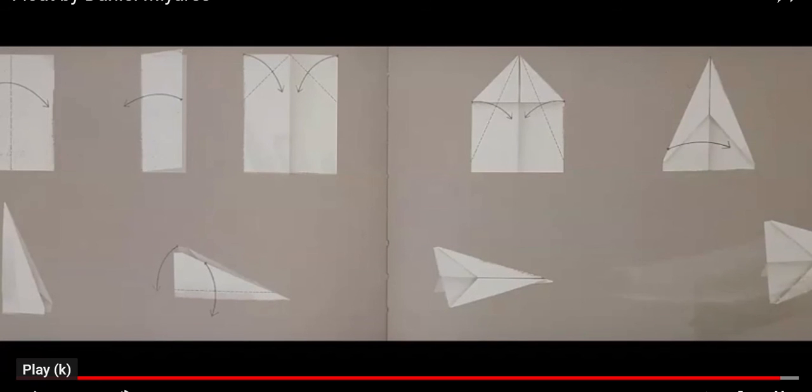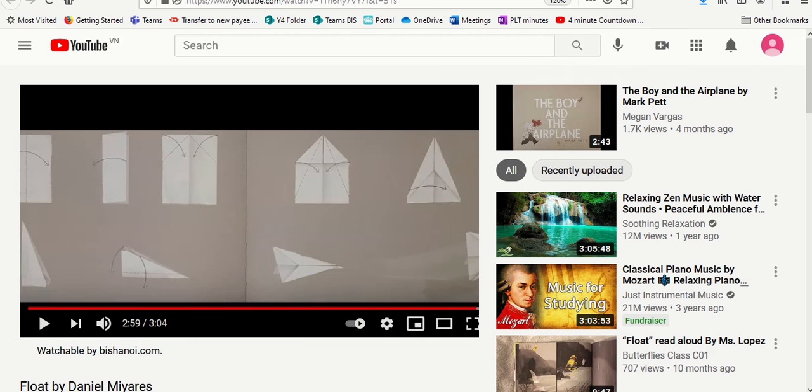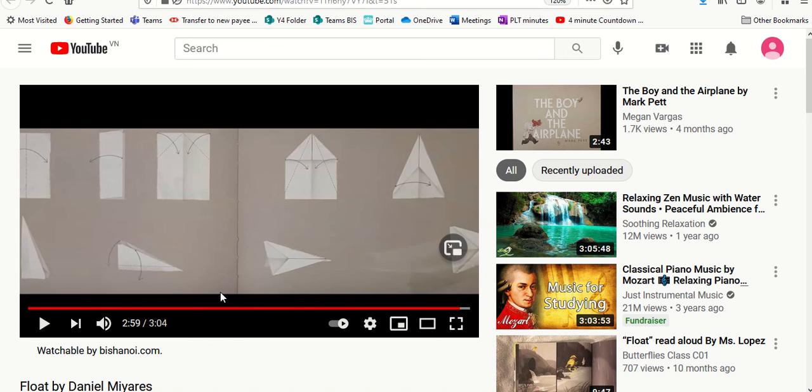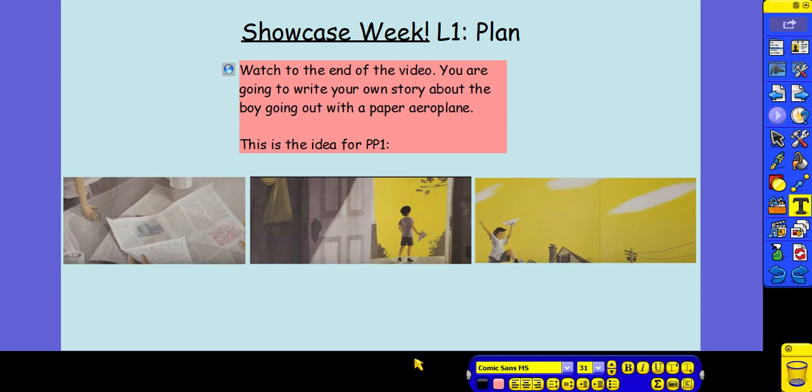Okay, so you can see there that the boy, even though he hadn't had a fantastic time the first time, he started to build something out of paper again. We can see here that he's built a paper aeroplane, and then he goes out to play with his paper aeroplane.